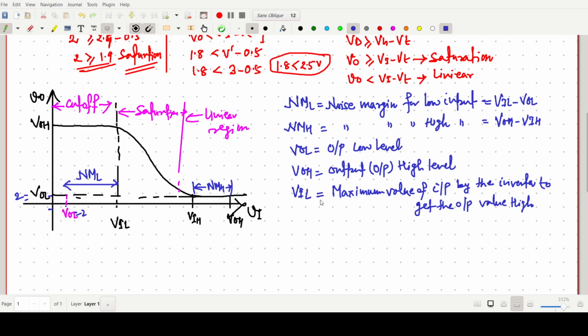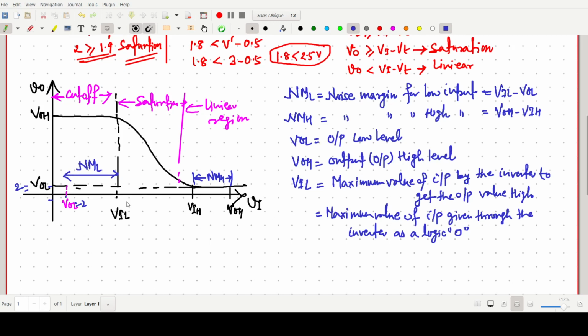We can write: maximum value of input given through the inverter as a logic 0.